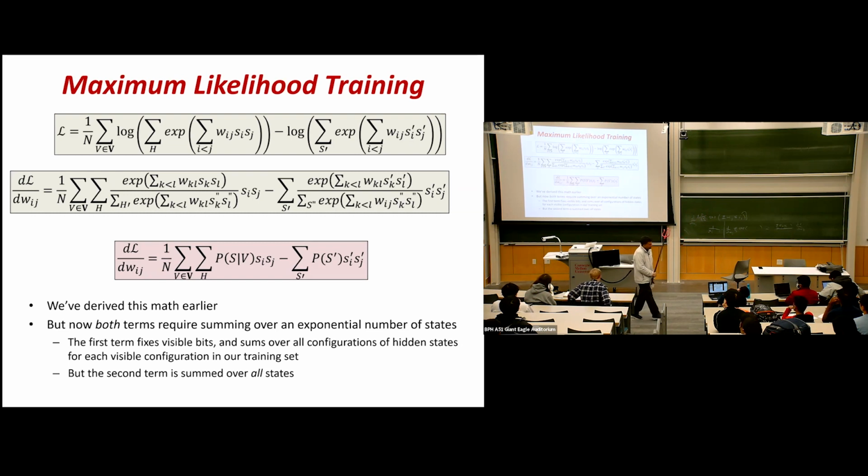So it is the expectation taken over P of S given V for the first term, and the second term is the same as what we had before.